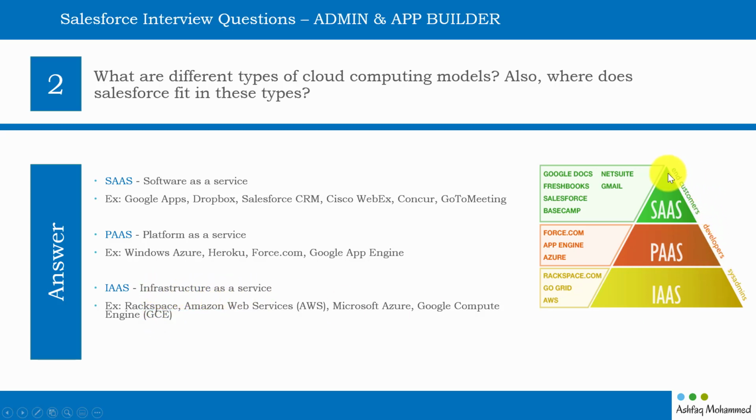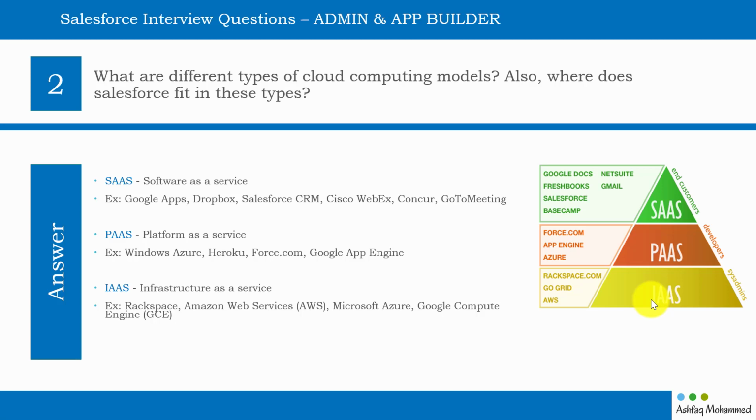If you could see this example, my diagram of SaaS, PaaS, and IaaS, you see this is a triangle, right? And at the top we have SaaS, and in the middle we have PaaS, and at the last we have IaaS, right?